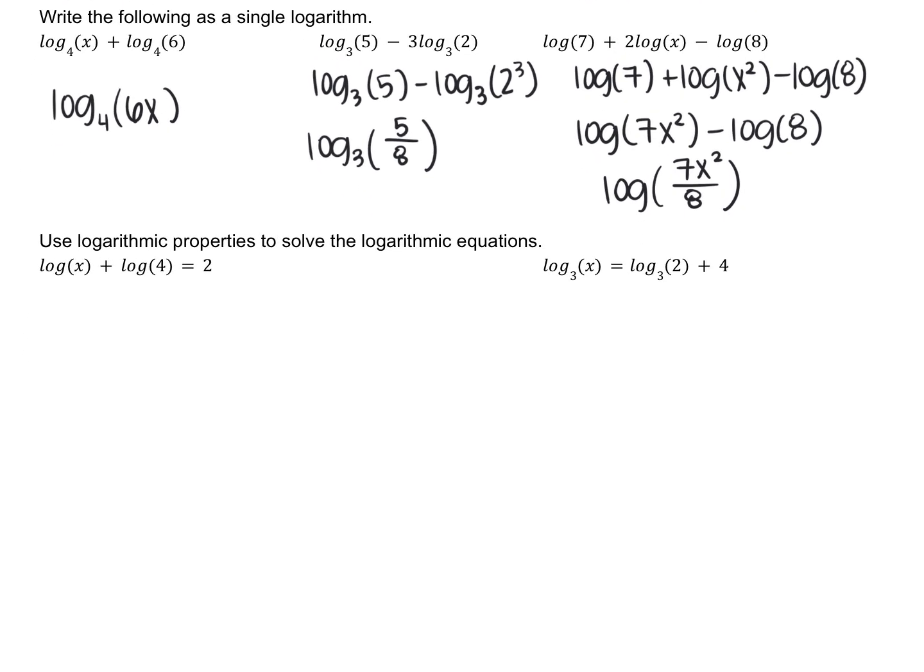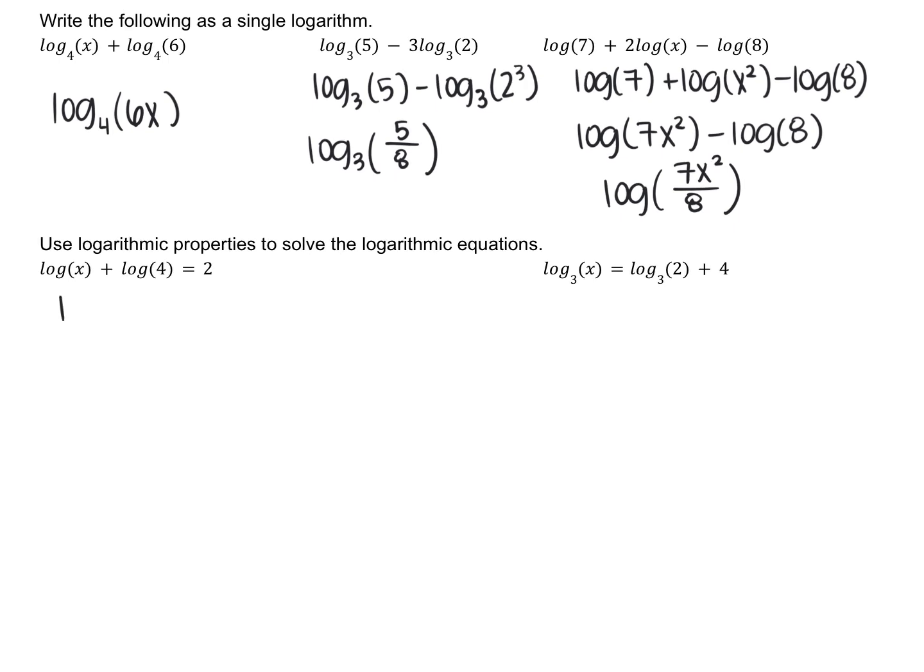So now finally, we are going to use our logarithmic properties to solve our logarithmic equations. So our first example, log x plus log 4 equals 2. So we combine it as multiplication, so it becomes log 4x equals 2.